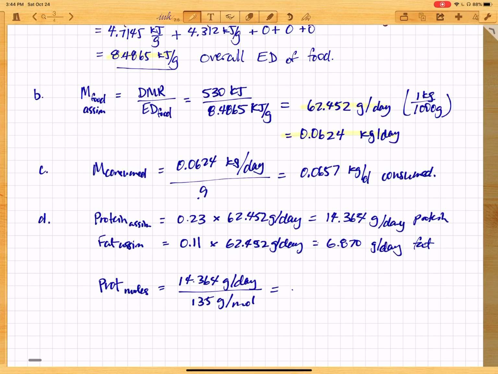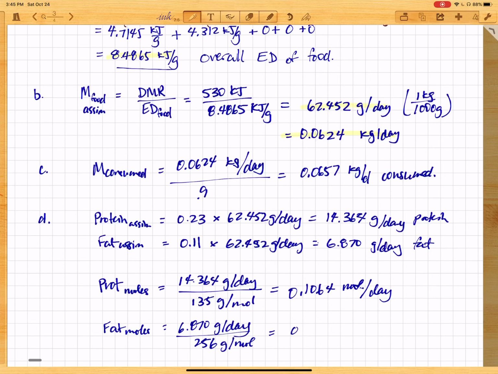Okay, so that's 0.1064 moles per day for the protein, and for fat, 6.870 grams per day over the molecular weight, which is 256. So that's 0.0268 moles per day.